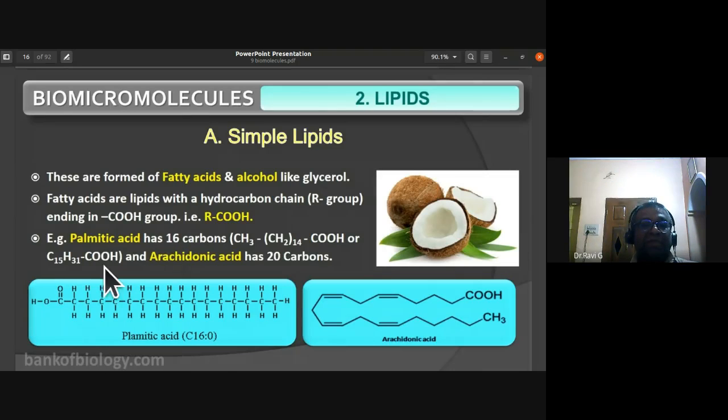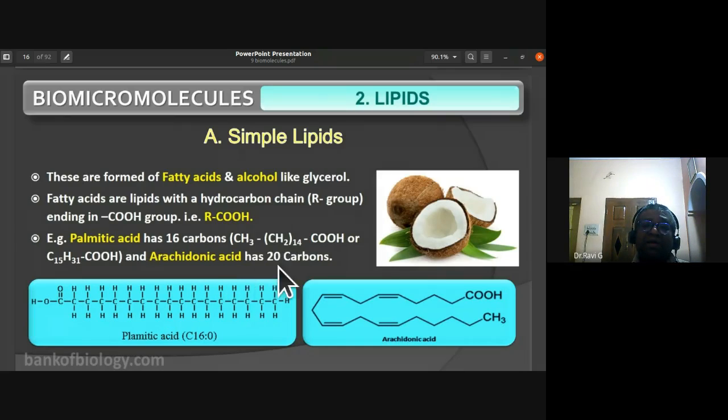For example, palmitic acid has 16 carbons: CH3, CH2 14 times, and COOH. All the carbons total 16. You can also write it as C15H31COOH, 15 carbons here and the carboxylic acid 1 carbon. So totally there are 16 carbons in palmitic acid.